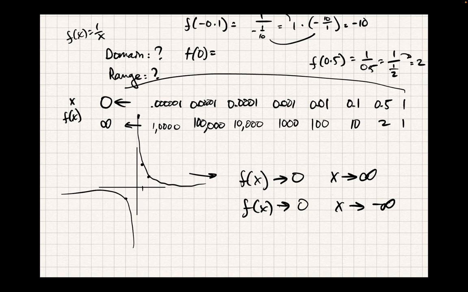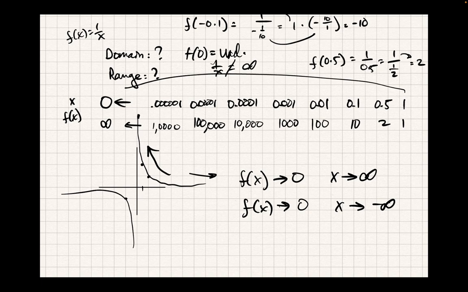What is the value of f of 0? Undefined. It's undefined, and this actually shows a picture of why it's undefined, because it's not infinity. We could just say, oh well, it's 1 over x, so maybe that's infinity. That's not true, because if we approach x from the right, f of x goes to positive infinity.